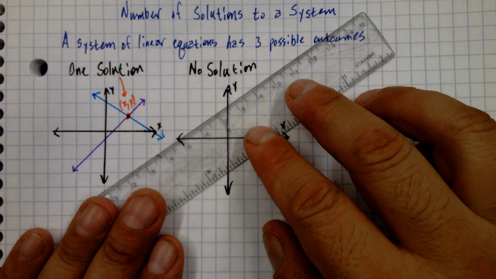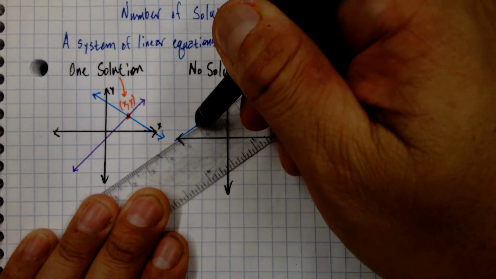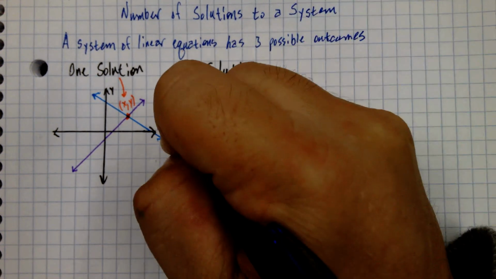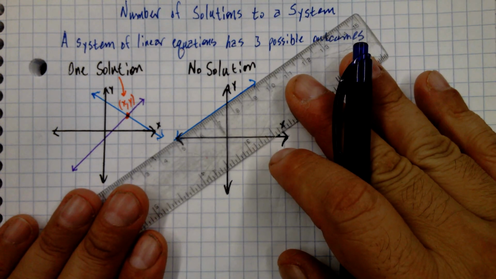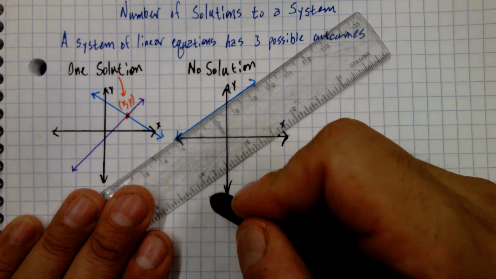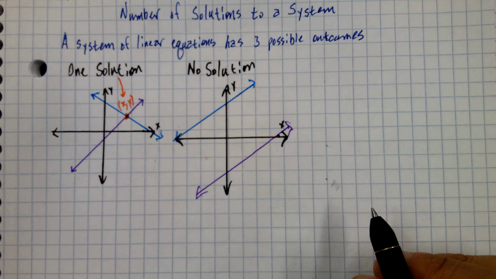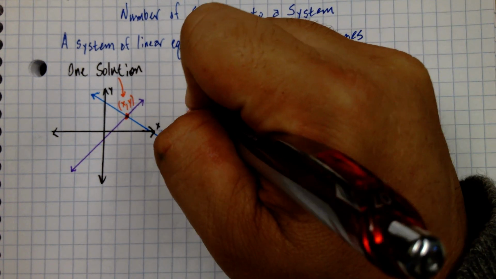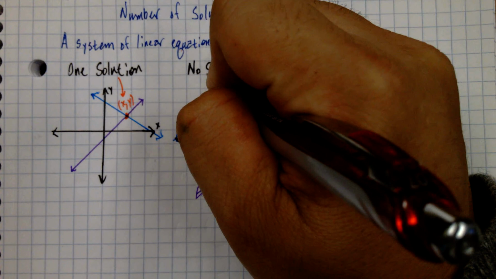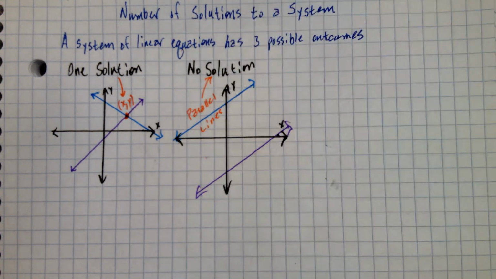Parallel lines, yeah. So one line, and another line, and they're parallel. And that tells us we have no solution.